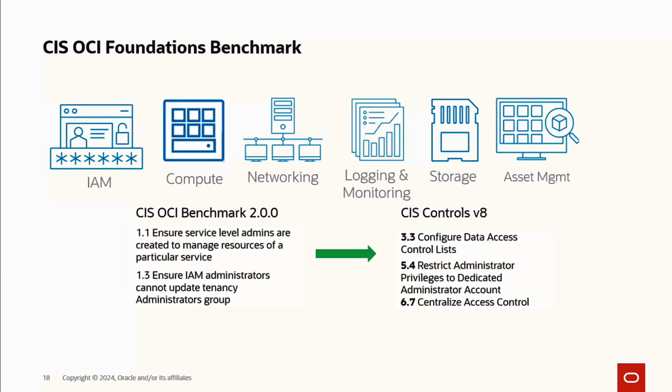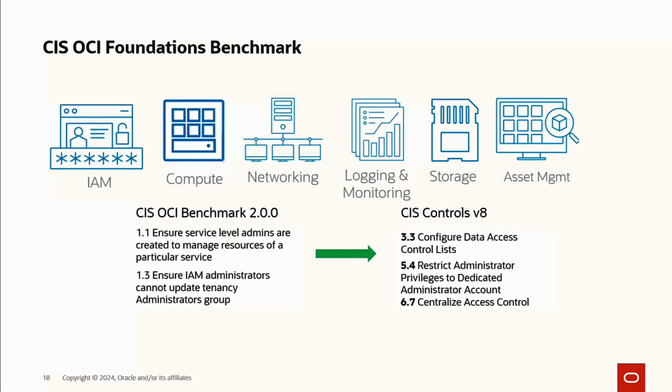And these best practices are materialized as CIS controls and CIS benchmarks. Controls are essentially a recommended set of actions that will prevent most cyber attacks, but they are somewhat high level, as you can see here on the right-hand side under CIS controls V8.